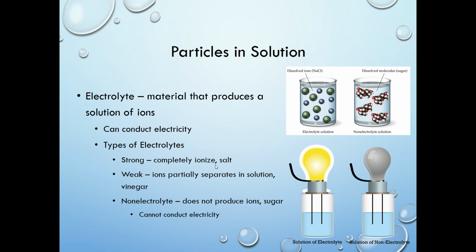We can have weak electrolytes, which only partially ionize, like a weak acid or a weak base. Or we could have a non-electrolyte. A non-electrolyte is a material that will not produce ions when dissolved, and it will not conduct electricity.